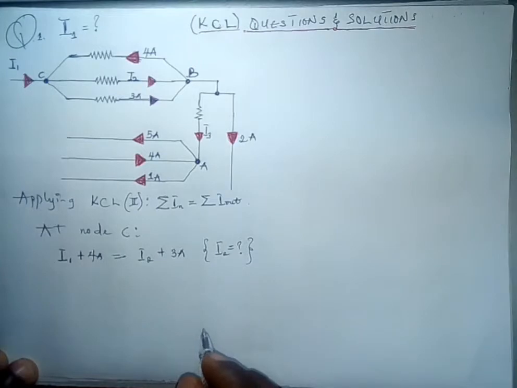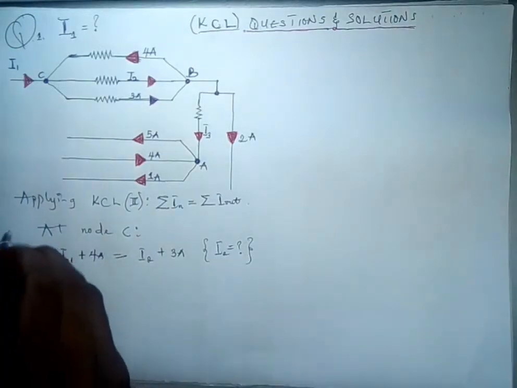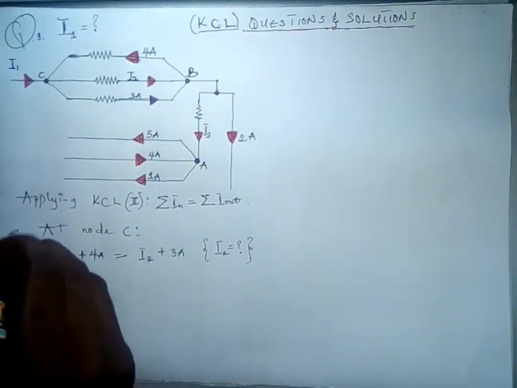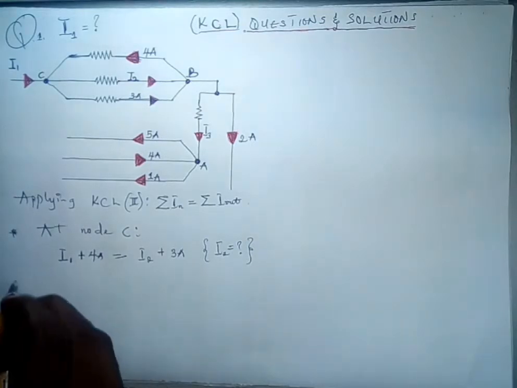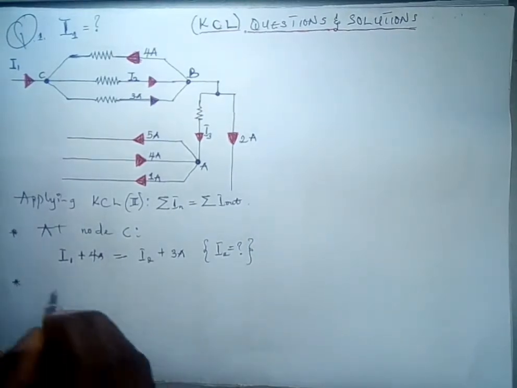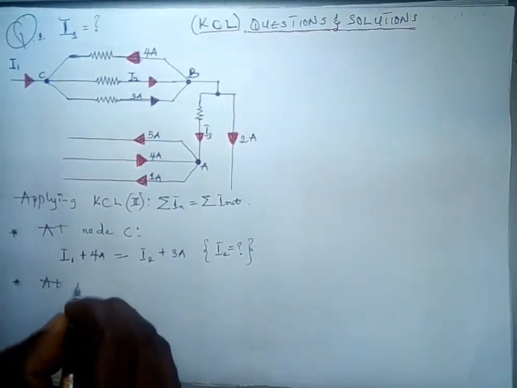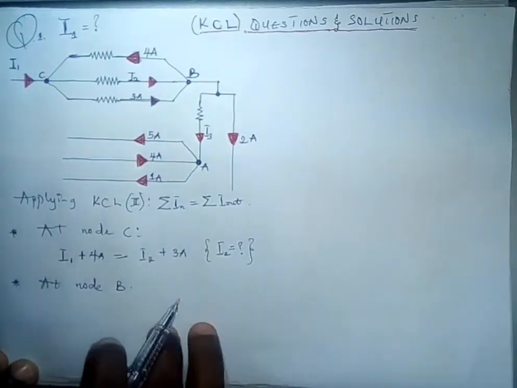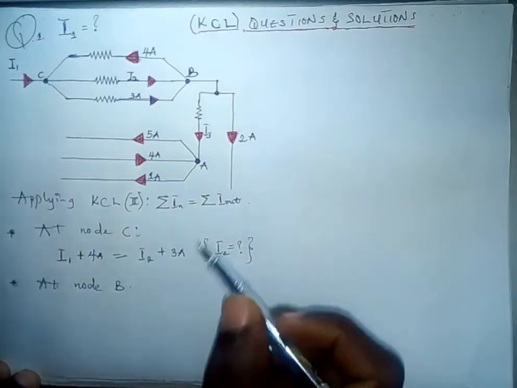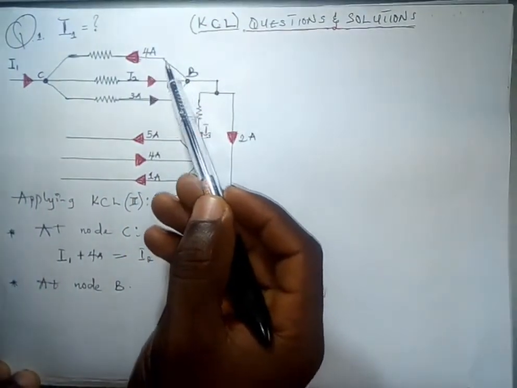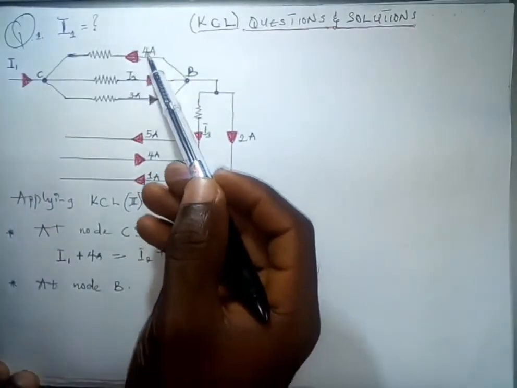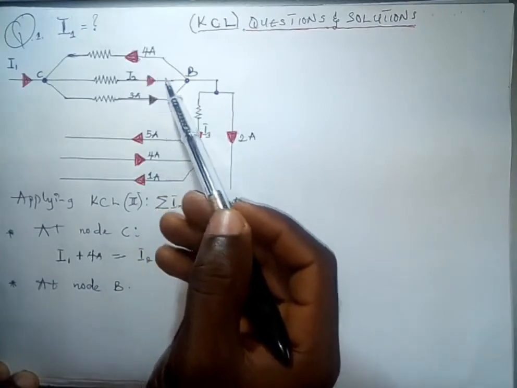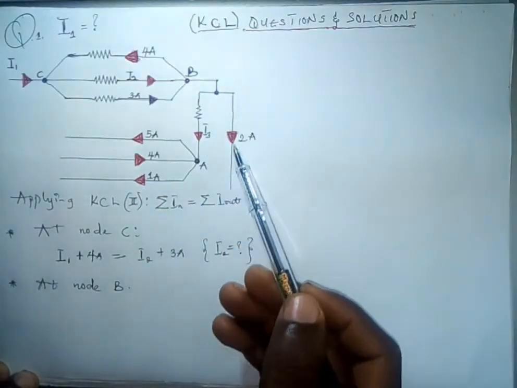Okay, this is node A. So let's just start and stay steady with this one so that we will not get confused. Let's look at the second one, which is at node B. What happens at node B? If you look at node B, all these conventional currents are involved, while those ones here also are involved.